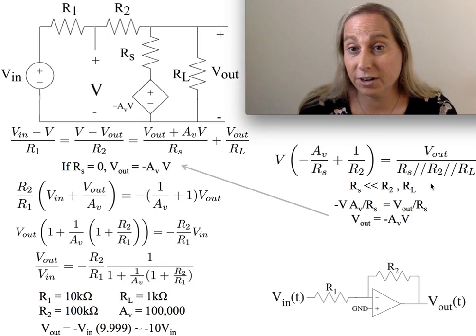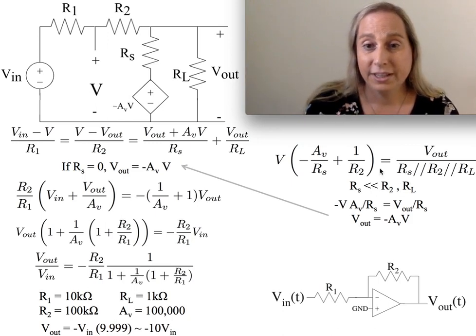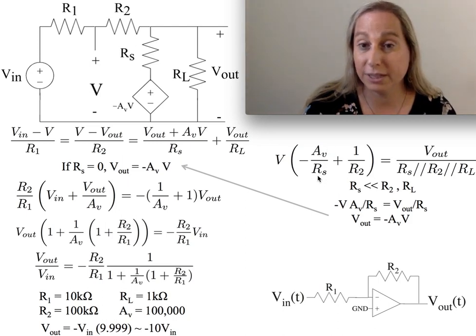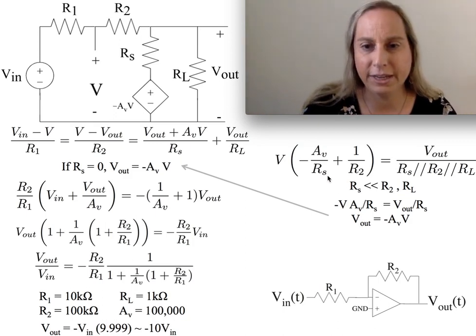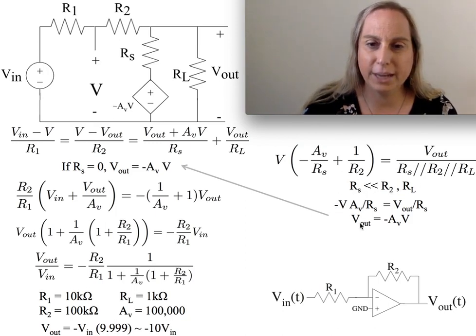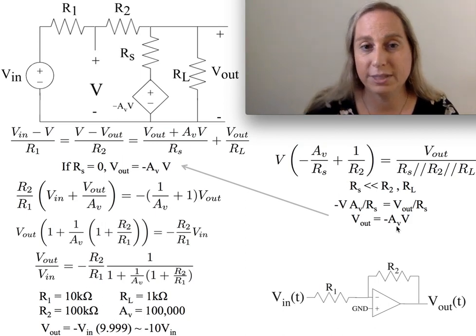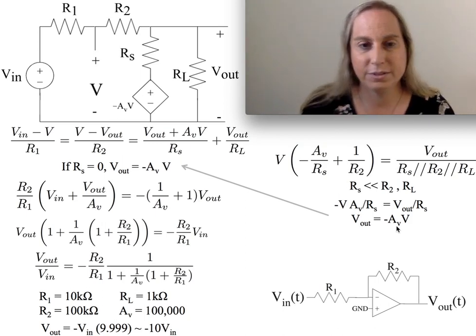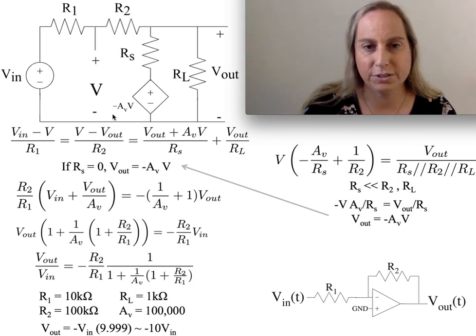In this case, that's just RS. Even though this is negative, this is going to be the larger of the two, since 1 over a small thing is a larger thing. And so with this approximation, the output voltage is equal to minus the gain times this particular voltage.